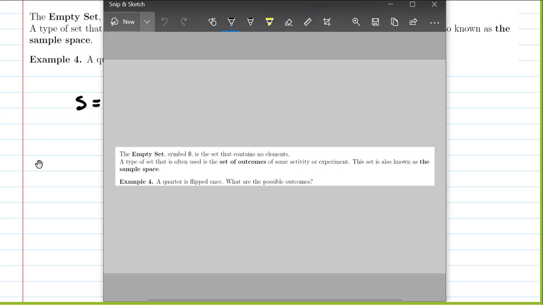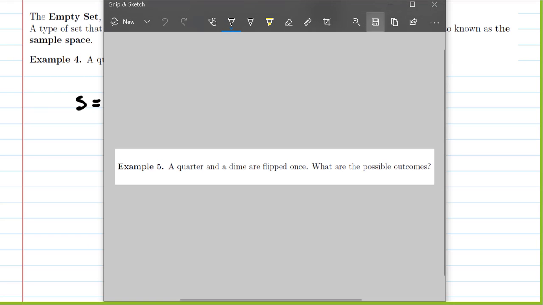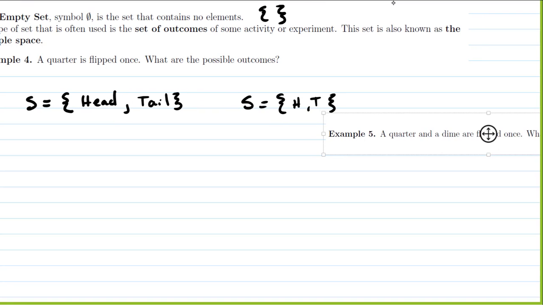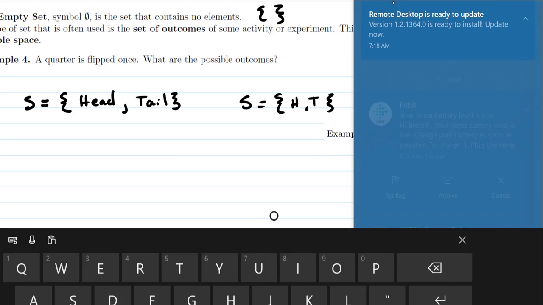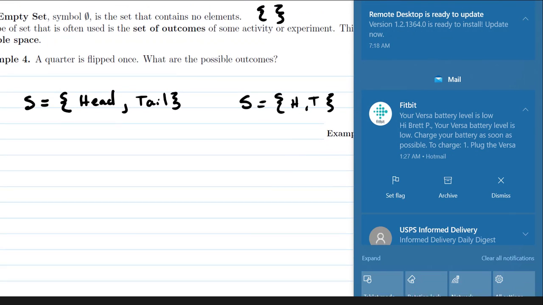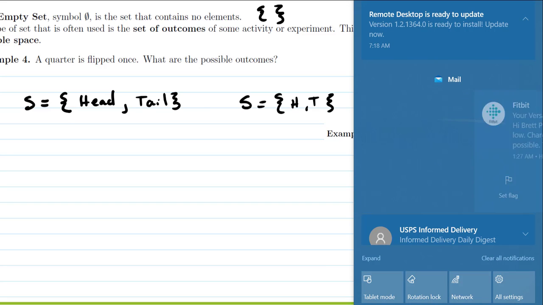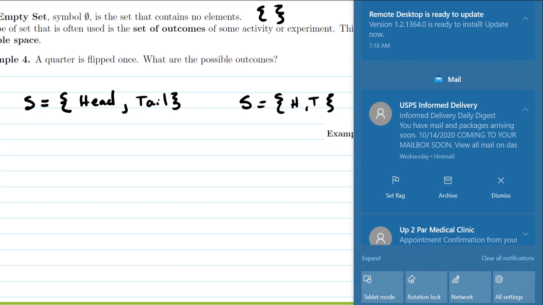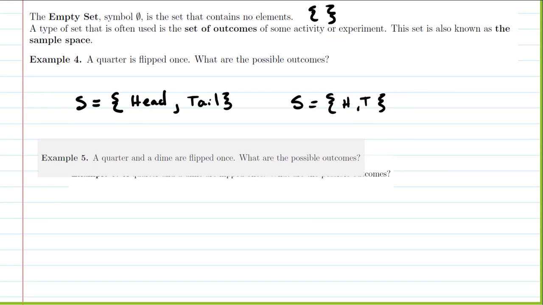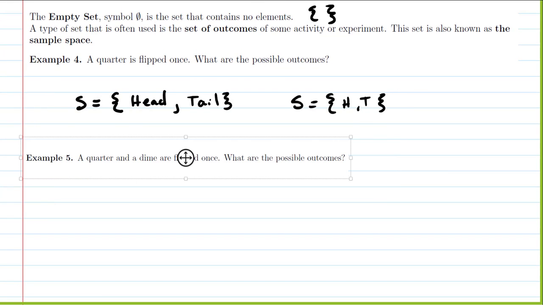Let's take a look at our next example. So in our next experiment, we have the following. A quarter and a dime are flipped once.